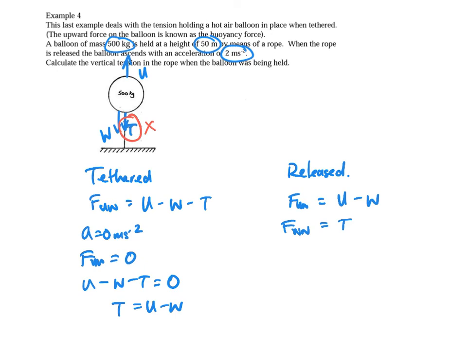So Fun, the unbalanced force when it's released, is equal to the tension that was balancing it in the first place. And you'll see there's nothing to do with distance. But we do know that Fun is MA. So in this example, MA is equal to T. So 500 times 2 is equal to T. And therefore the tension keeping it tethered in the first place must have been 1000 newtons.